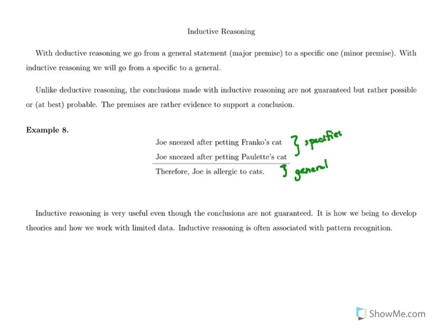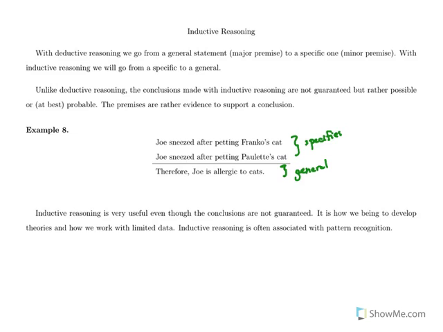So inductive reasoning is very useful when we're trying to develop a theory, trying to find out what is true, which is used all the time in science. That's our scientific method idea. And it's very useful when conclusions just cannot be guaranteed, which is the case a lot in real life as well.